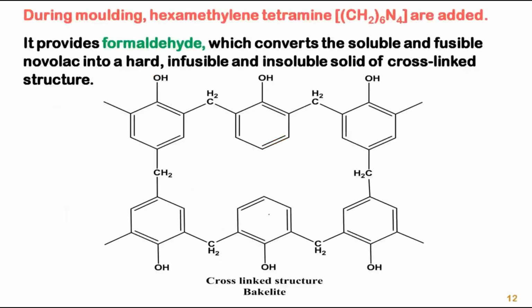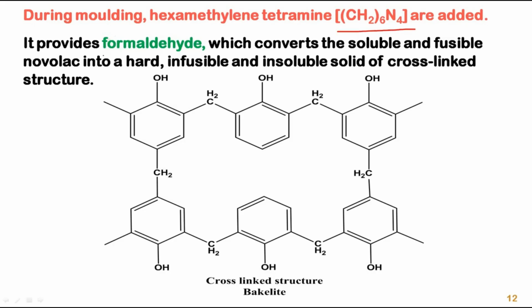Now, since this Bakelite is a thermosetting polymer, before it is converted into strip form, desired article or shape, the Novolac is fed into the mold. In that mold, we add hexamethylene tetraamine reagent.